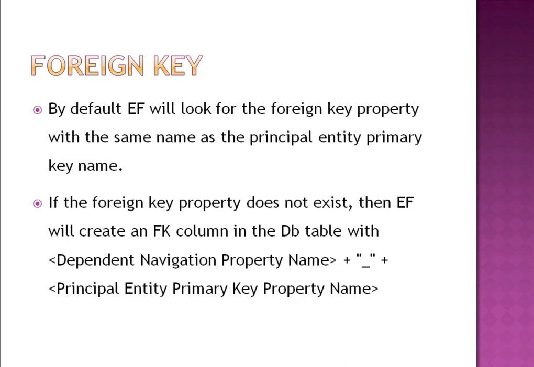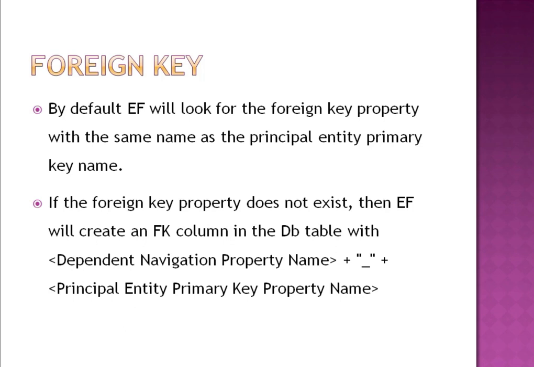For example, assume that we have two tables, Department and Employee, and there is a one-to-many relationship between them. One department has many employees. So according to this rule, there should be a DepartmentId as a foreign key in the Employee table. How do we define it in the code first approach? We create one Department class and one Employee class.